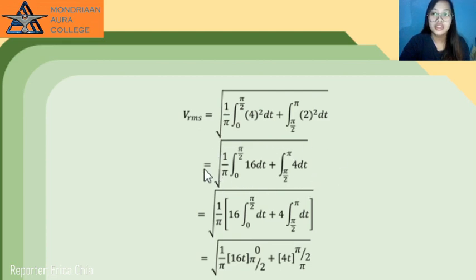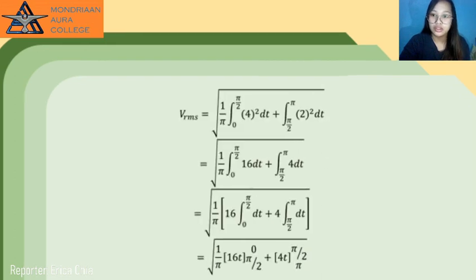Then let's take the antiderivative of 16 dt and 4 dt. Since constant lang siya, ang kanyang antiderivative will basically be 16t and 4t. Then let's evaluate 16t from 0 to pi over 2 and 4t from pi over 2 to pi.